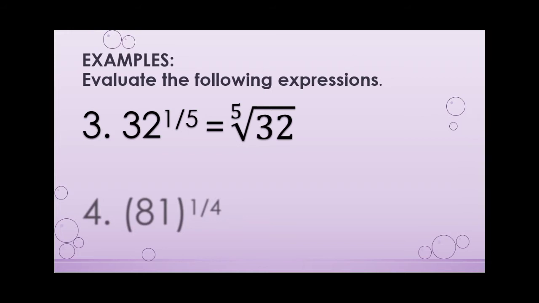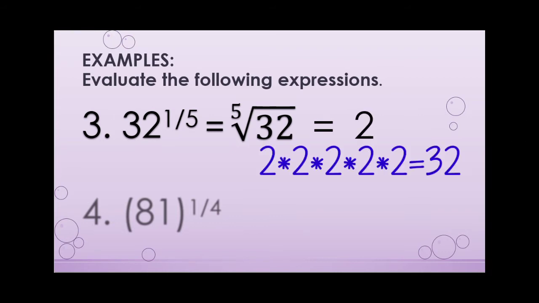Ibig sabihin, ang hahanapin natin ay isang number na imumultiply natin ng 5 beses by itself, then the answer is 32. Okay, we have now 2. So, 2 multiplied by 2 times 2 times 2 times 2 is equal to 32.